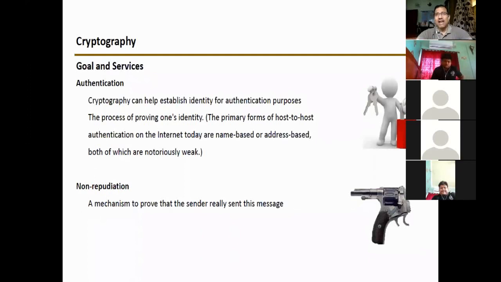You are supposed to get a message from your friend or your legitimate partner. How do you know that the message you are getting is really coming from your legitimate partner? Because in the world of network, you don't connect physically. You connect with agents.